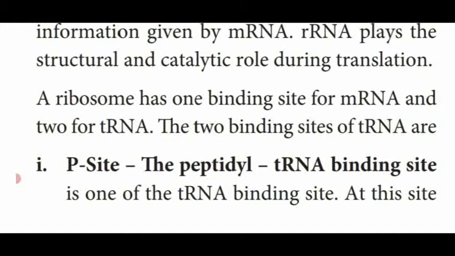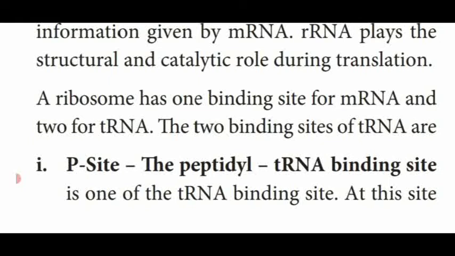The binding sites of tRNA are the P site and the A site. Sorry, a ribosome contains one binding site for mRNA and two binding sites for tRNA.